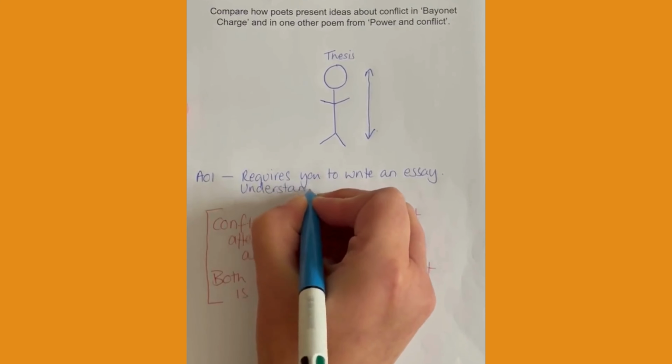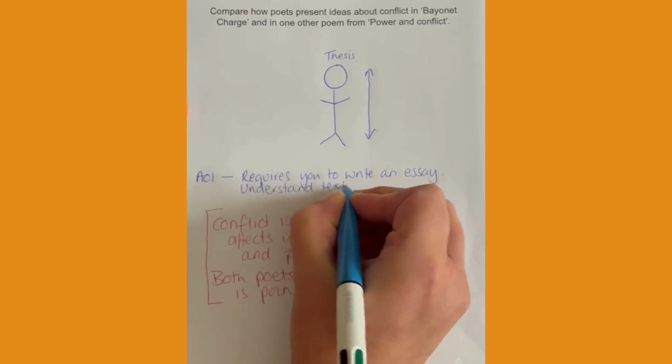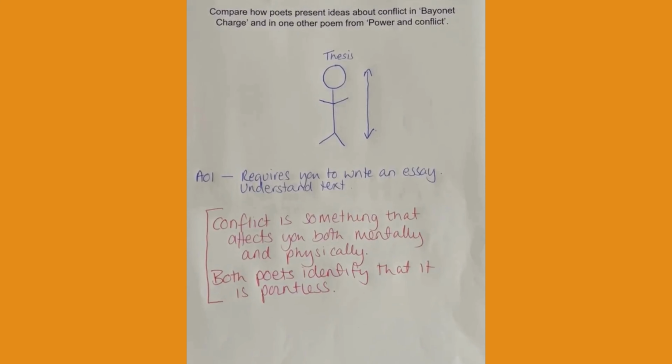So we need to show in that introduction that we understand both the poems, because the introduction is the first time that anyone's going to read anything you have to say. The introduction is how you set yourself up for the rest of the essay. That is not to say a bad introduction will take away marks from you, but a good introduction can set you up to ensure that your marks are easier to get and ensure that your essay is more coherent.